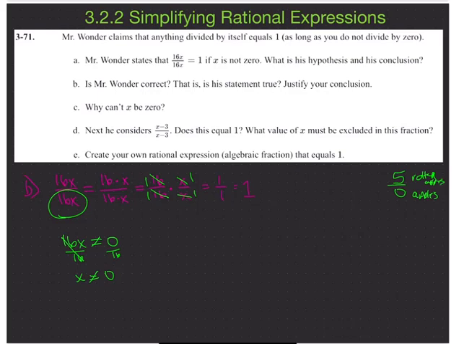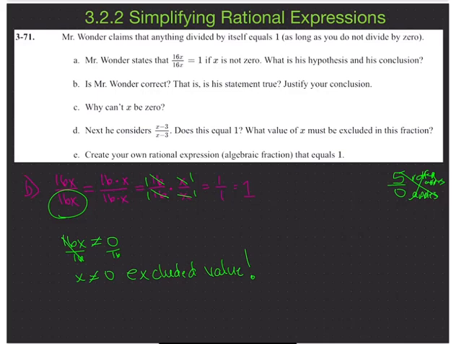How can I have a basket that has 0 apples in it when I'm telling you I have 5 rotten apples? It doesn't work that way. So we know we can't divide by 0. This is called an excluded value, and that's what we're looking at for today's lesson.